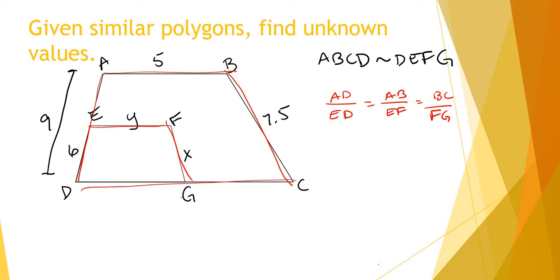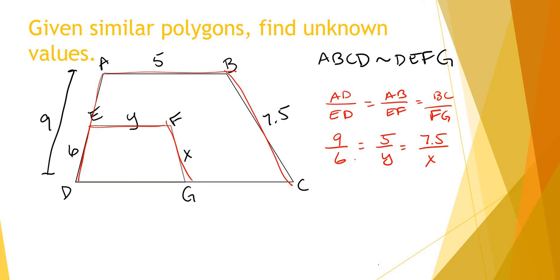I don't need CD and GD because there are no variables or numbers there, so I should have enough information. Alright, AD is 9, and the ratio of 9 to 6, ED, should be equivalent to the ratio of 5 to Y, which should be equivalent to the ratio of 7.5 to X.